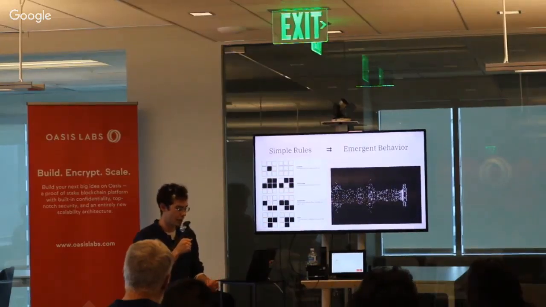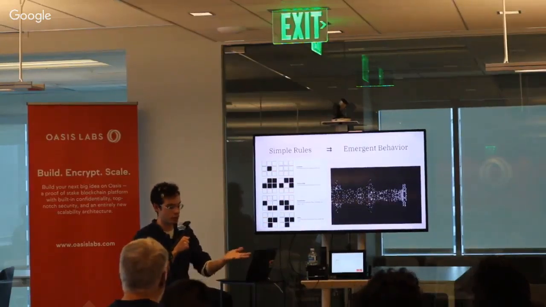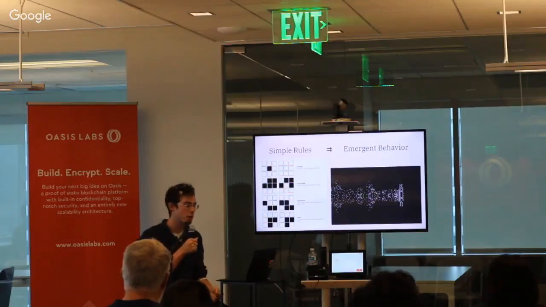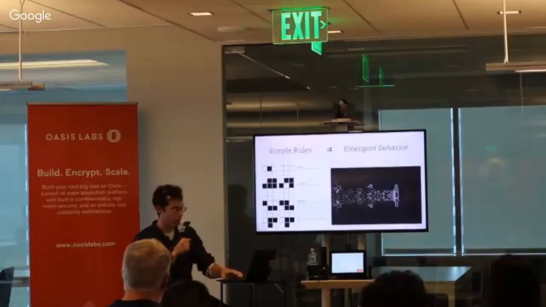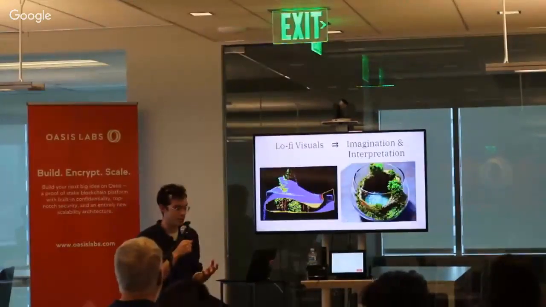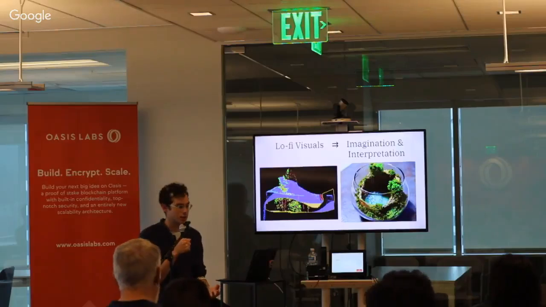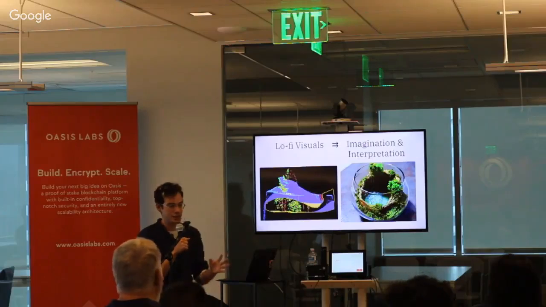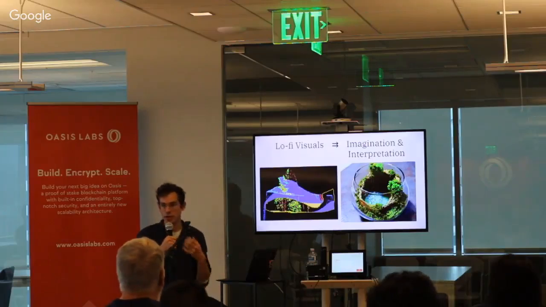And this comes from a place where essentially simple functions and rules model them. Another thing about these systems is that they have really low-fidelity visual effects and low-fidelity simulation, and what that means is that all the detail that's lost in the visuals, you can fill in yourself.